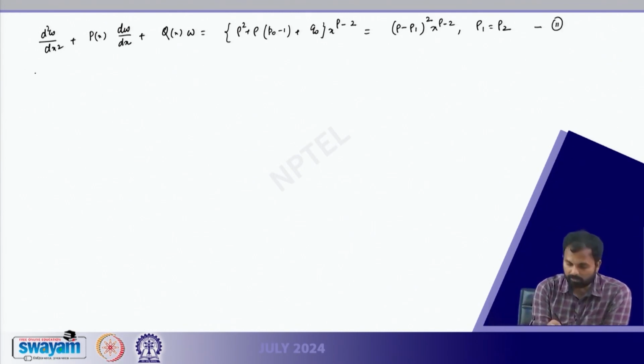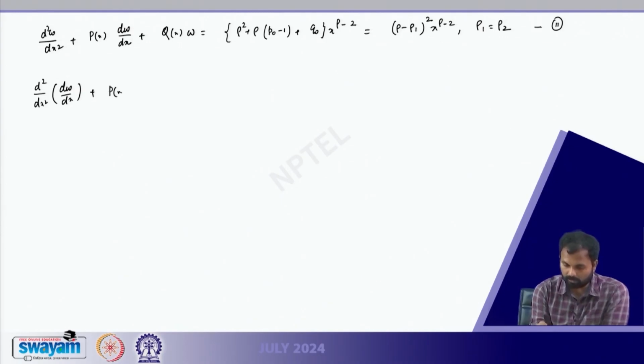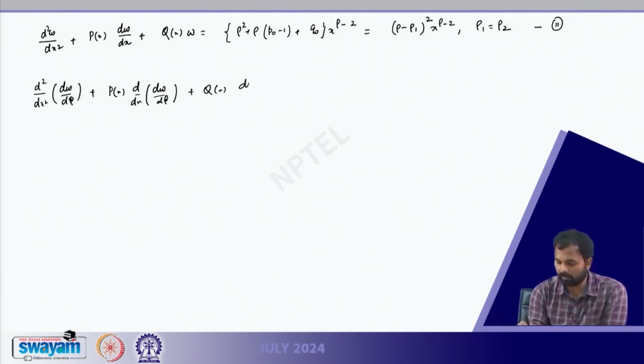So, again now we differentiate both sides of this equation. If we differentiate both sides, then d square by dx square, the derivative will go inside, and this will become px into dw by dx. No, sorry, we differentiate with respect to rho. So, this will be d/dx of dw by d rho plus qx into dw by d rho.